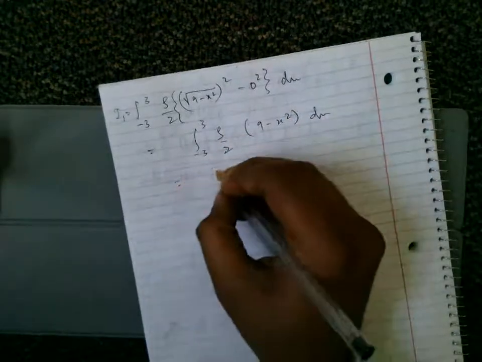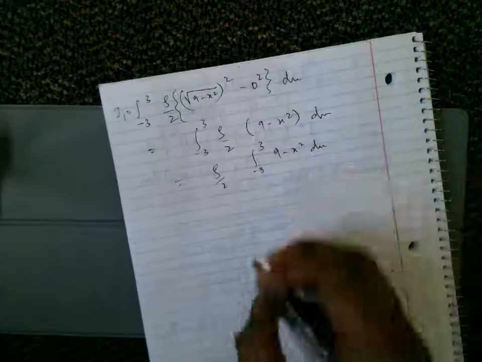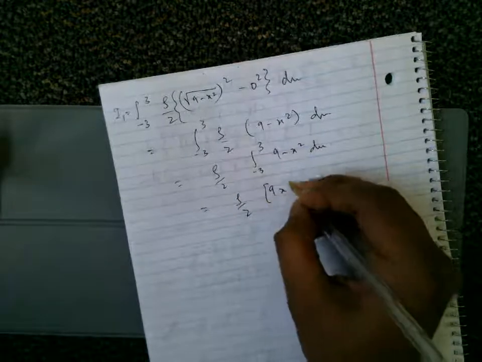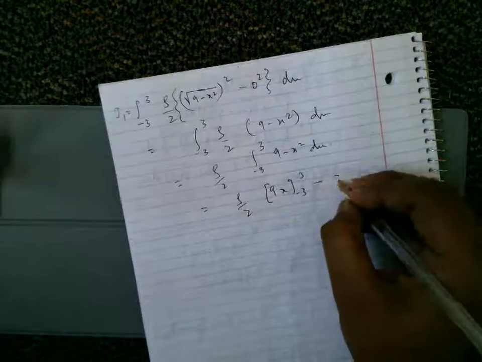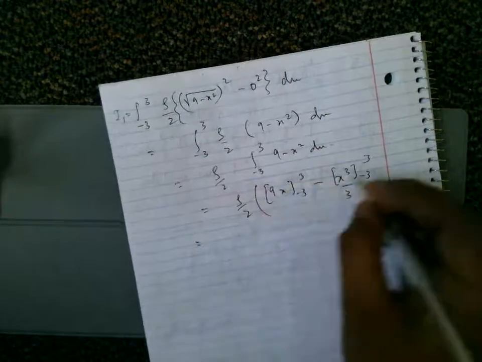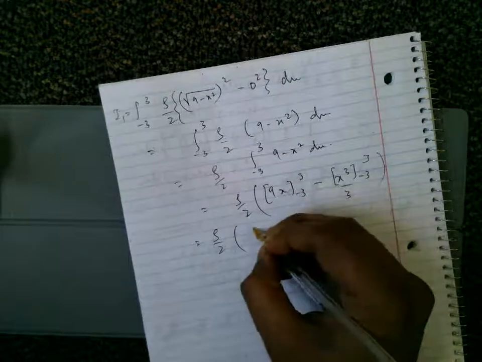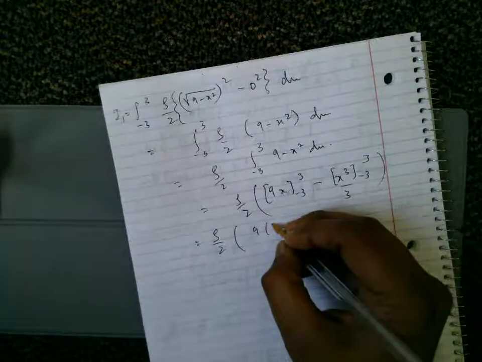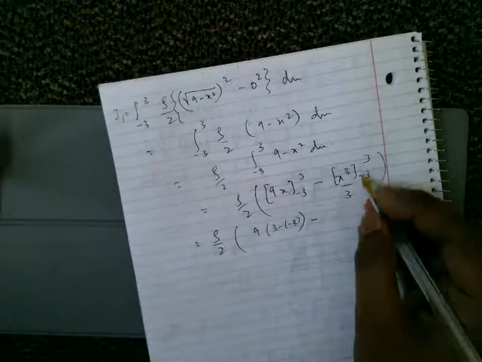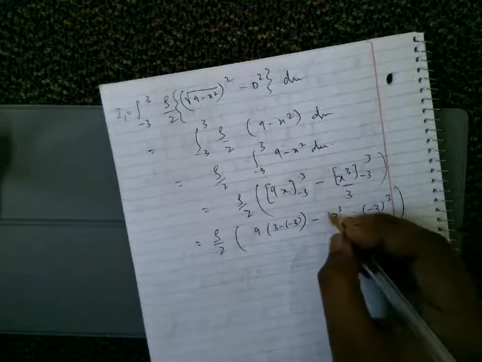Rho by 2 is a constant, so we can bring it out of the integration. So this is 9 minus x square dx from minus 3 to 3, and the integration of 9 is 9x, and the integration of x square is x cubed by 3. So this is equal to rho by 2 times 9 times 3 minus minus 3, so this is 6, minus 3 cube minus minus 3 cube by 3.